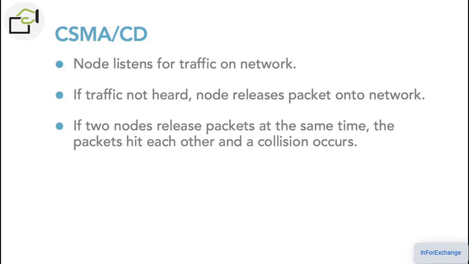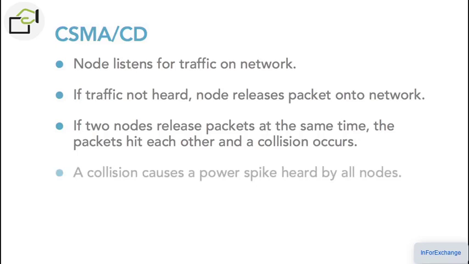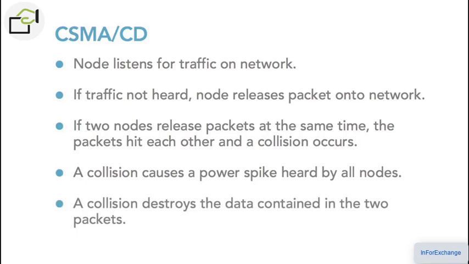When this happens, the packets hit each other and we will have what is called a collision. The result of a collision is that when the packets hit each other, they cause a power spike that's then heard by all the nodes on the network. Also, when two packets collide with each other, they destroy the data that was contained in those packets.